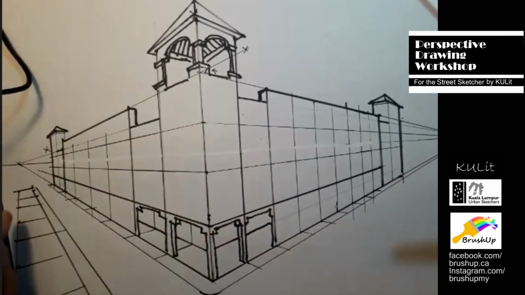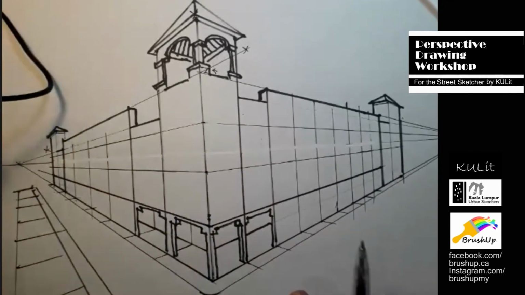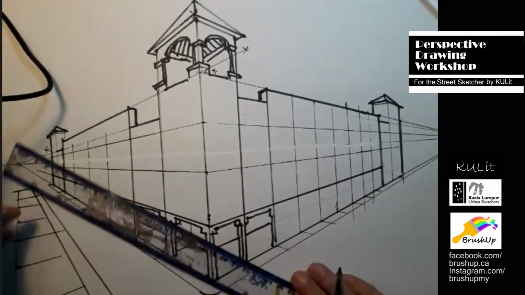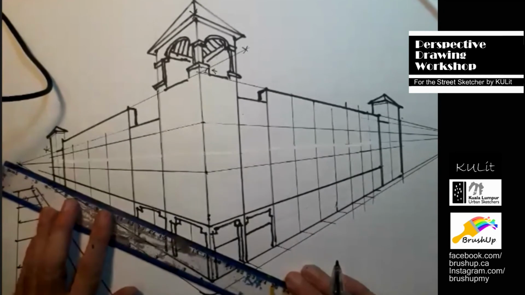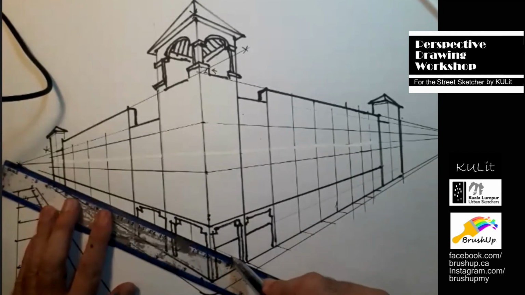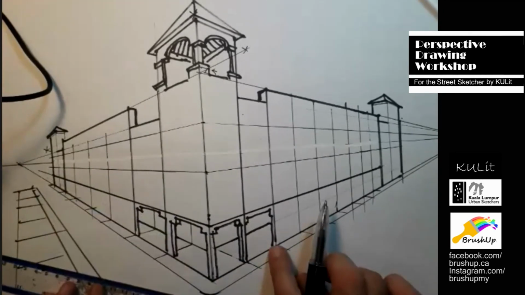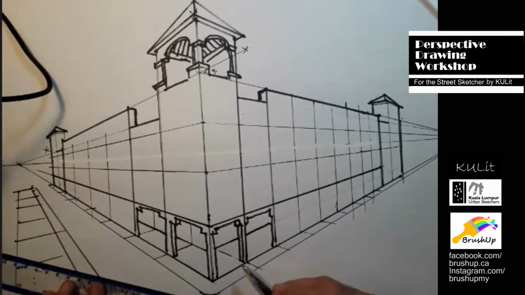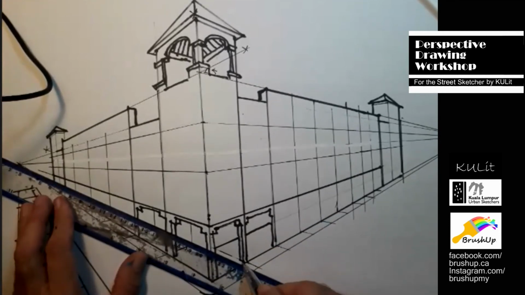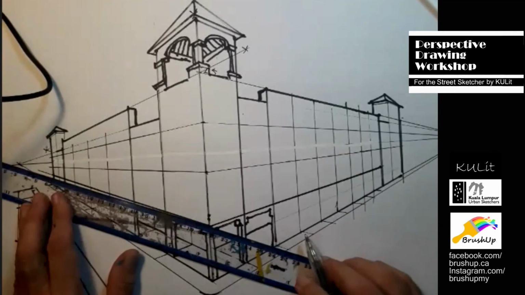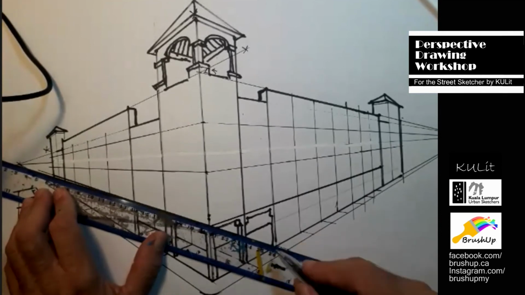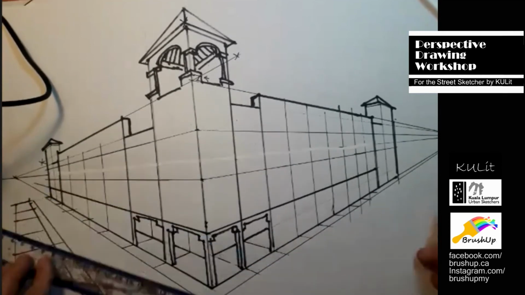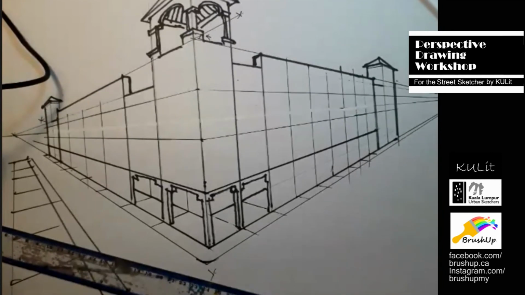You are always going back to the vanishing point. Here, again, same thing. I'm going to just pull in the lines. Okay. See, this is ambiguous. Can you see now?